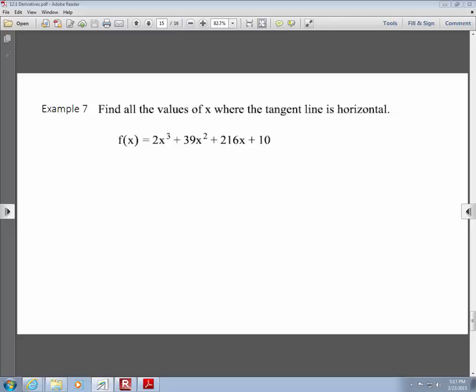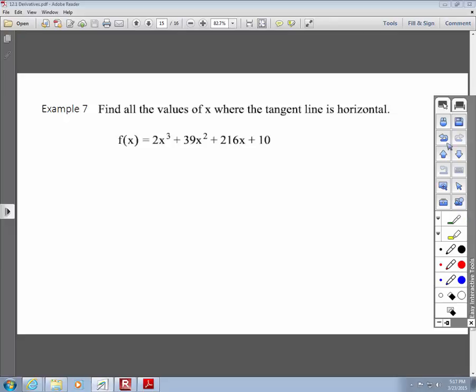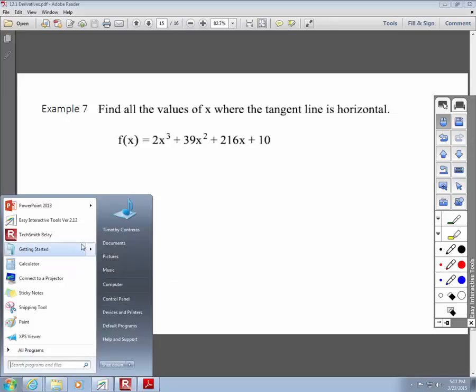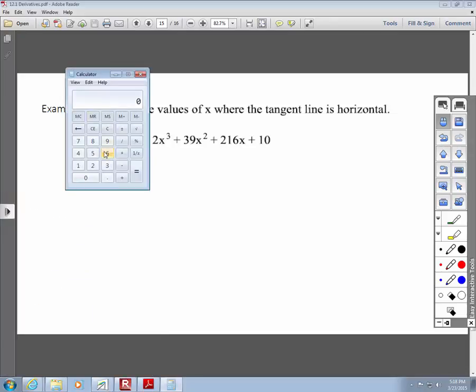Let's go back to the calculator here. What is 78 divided by 6?